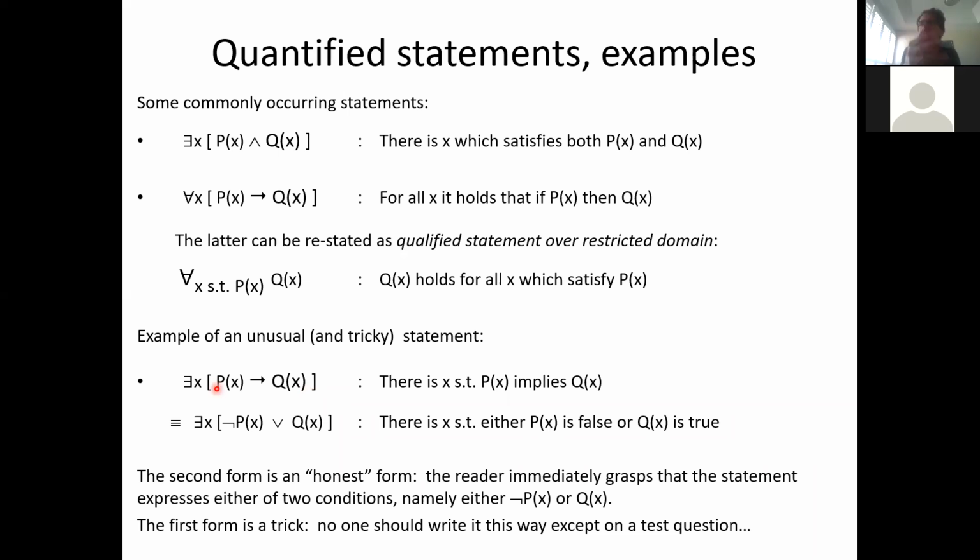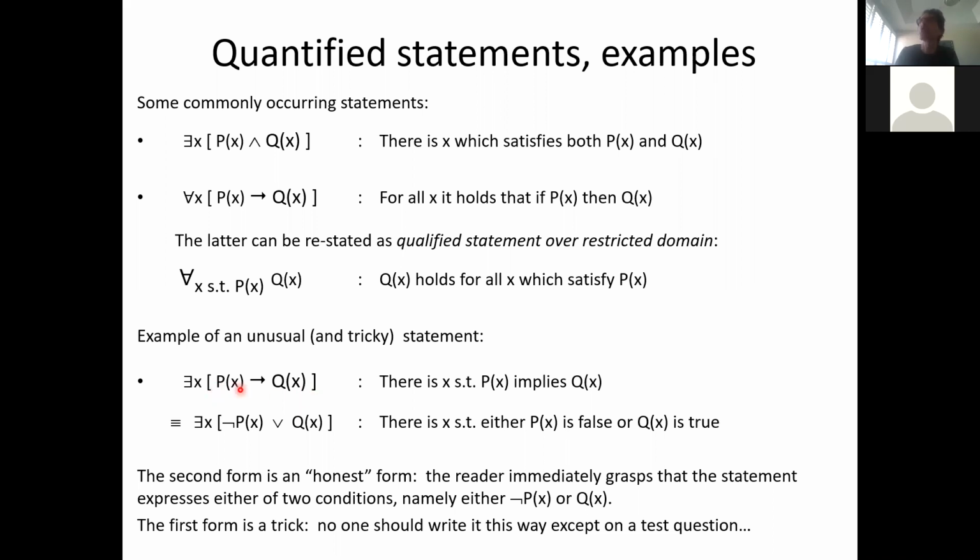So the homework and the textbook have many examples of these types of statements, and this can actually be trivially true. For example, let's say that you say there exists an x such that some crazy thing about x implies some reasonable thing.